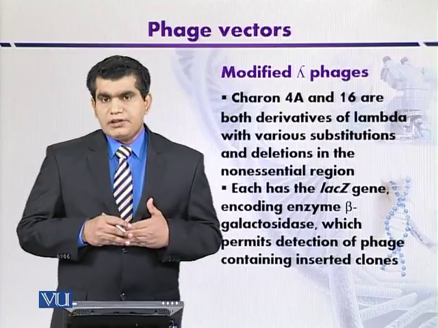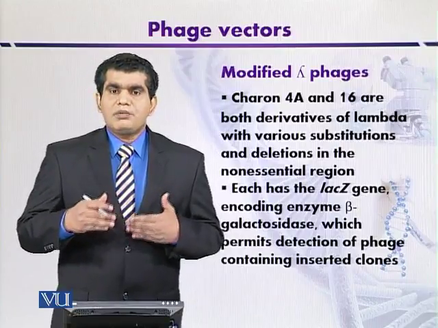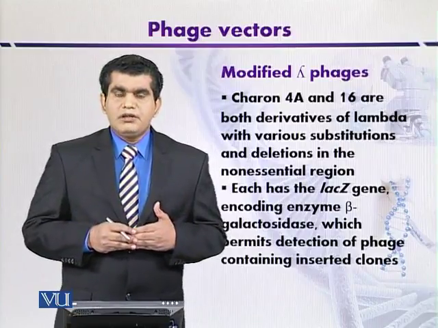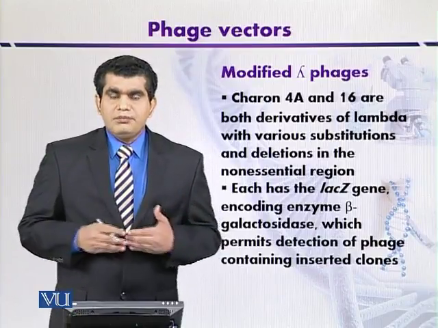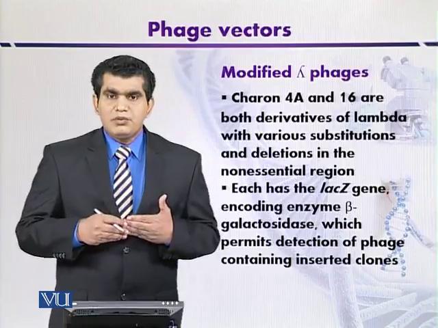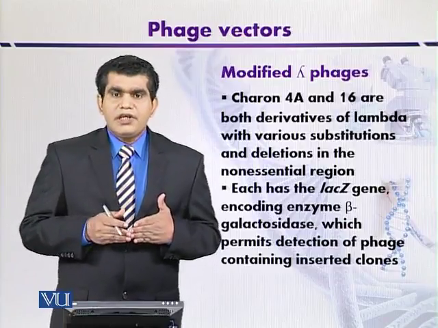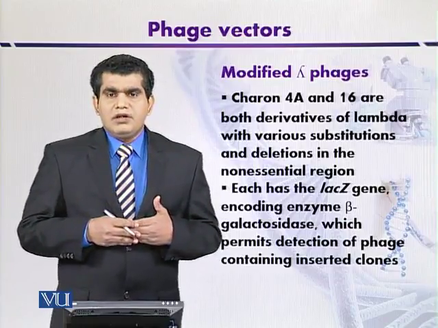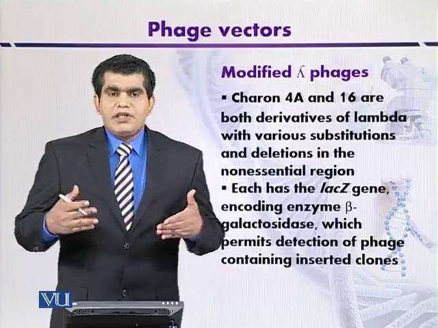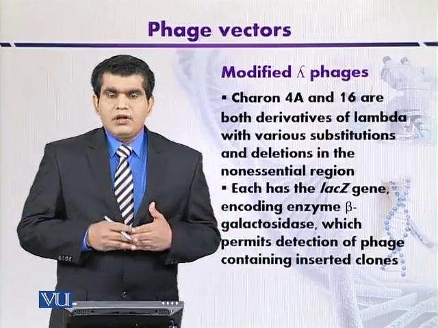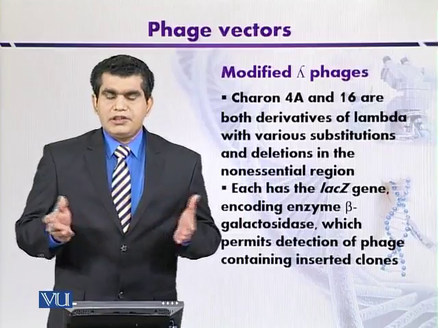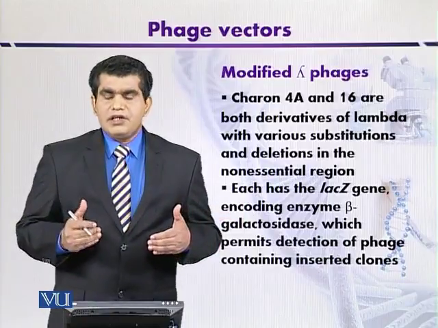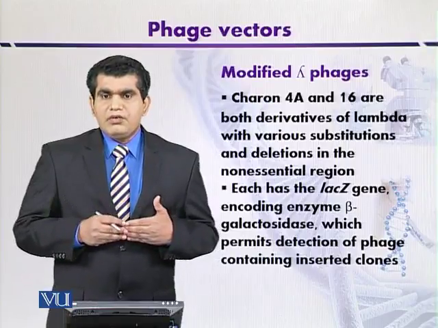In addition to that, it also contains a reporter gene which is called beta galactosidase that encodes this enzyme, and if this enzyme is produced after the insertion of foreign DNA, then we can say that the foreign DNA has not been inserted. And if the insertion is there, the expression of beta galactosidase is inactivated, that indicates the presence of foreign DNA.